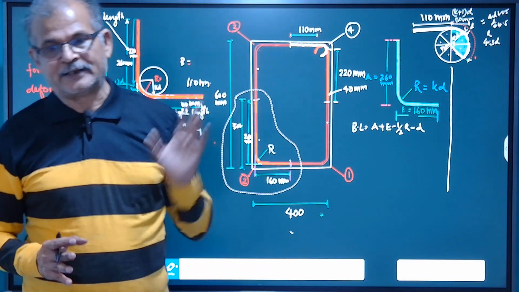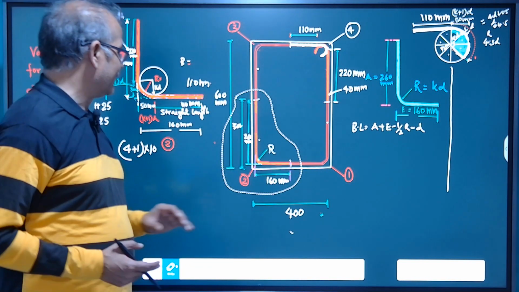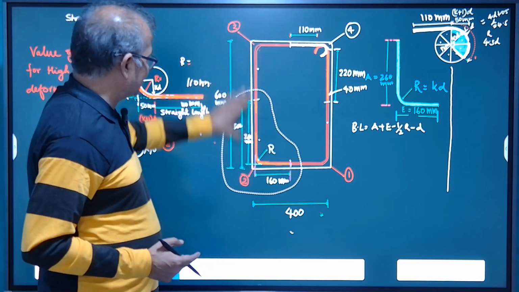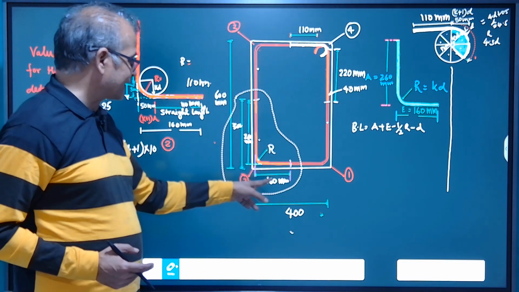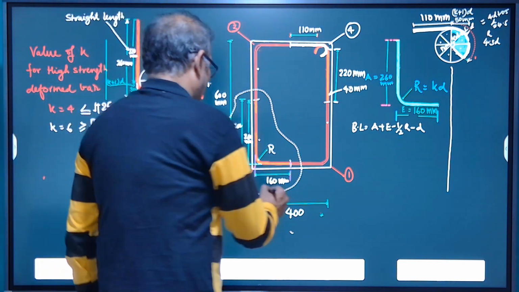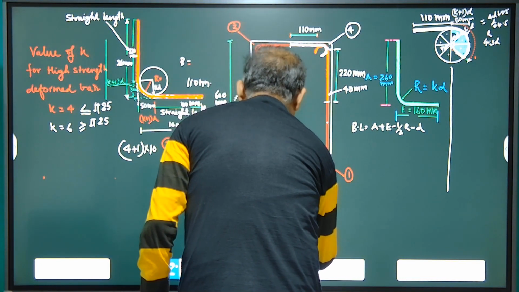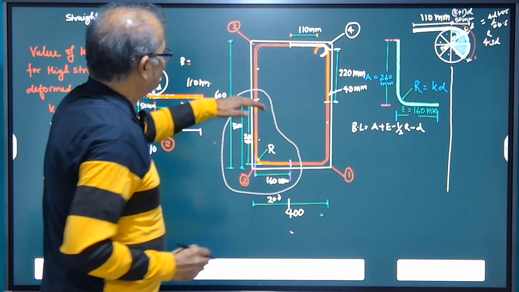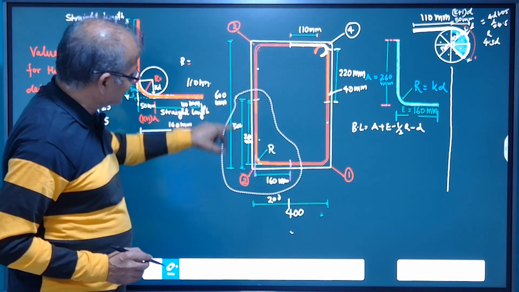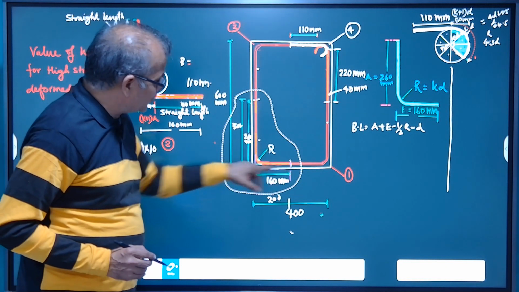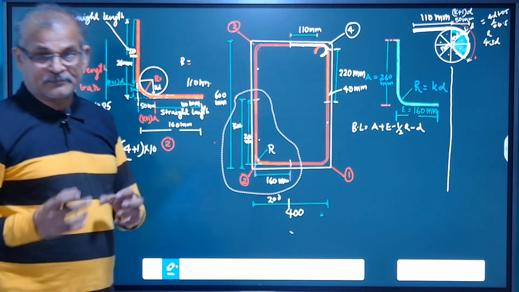A और E जो होता है उसका एक्सटर्नल डायमेंशन होता है. तो अब हमारी जो बीम है 600 बाई 400 की है, इसका सेंटर लेंगे तो outer to outer it will be 200 mm, and half of this will be 300 mm. So size of the bend will be 300 by 200 less the cover.